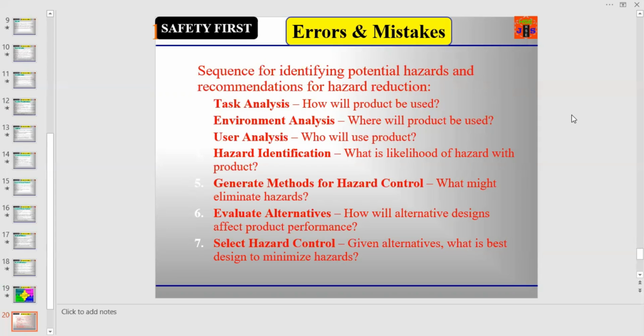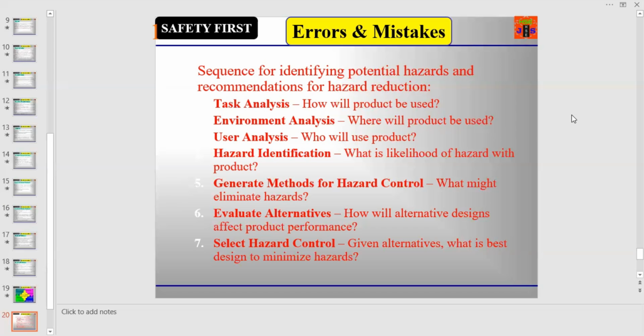The sequence for identifying potential hazards, and recommendations for hazard reduction are: task analysis. How will product be used? Environmental analysis. Where will product be used? User analysis. Who will use the product? Hazard identification. What is the likelihood of hazard with the product? Generate methods for hazard control.